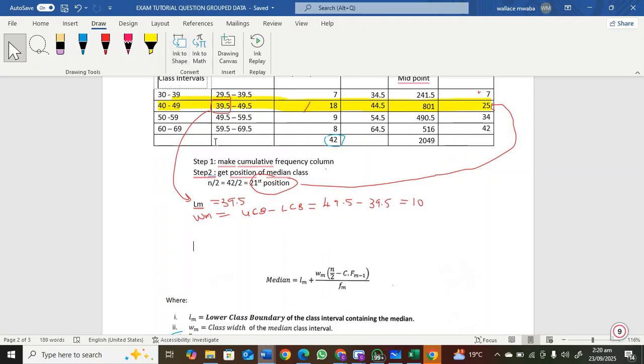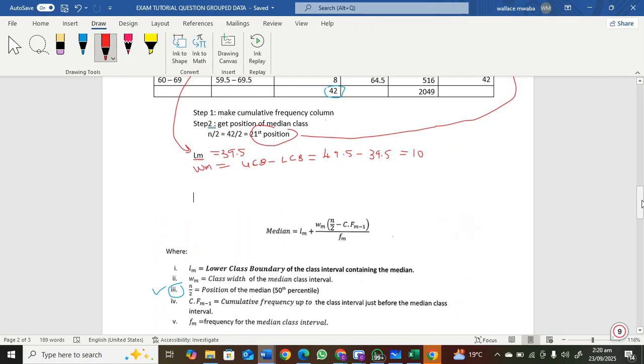Next, FM, which is the frequency of the median class. Or we can find the cumulative frequency up to the class interval just before the median class interval. That's CF subscript M minus 1. So just think of this as the cumulative frequency before the median class.